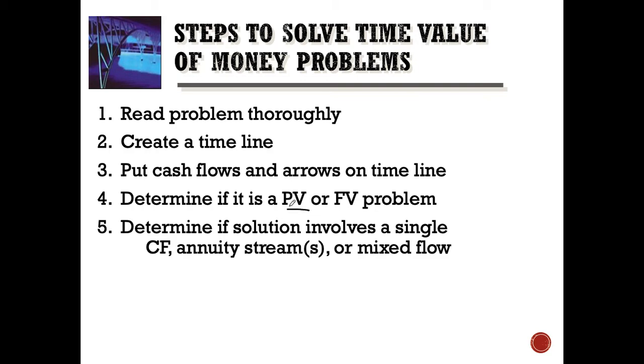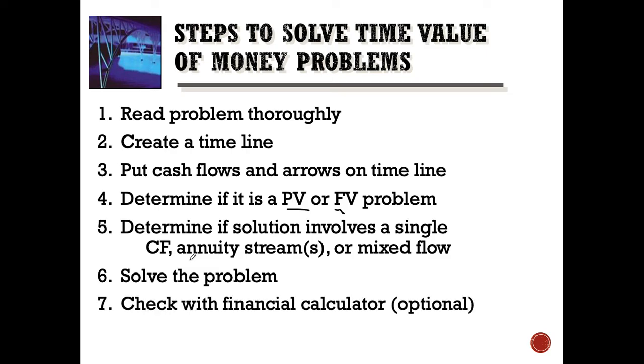For present, we want to know the value of the present, and for future, the value of the future. Then number 5, determine if the solution involves a single cash flow, annuity stream, or mixed flow. Next, solve the problem and check with a financial calculator. It's optional.